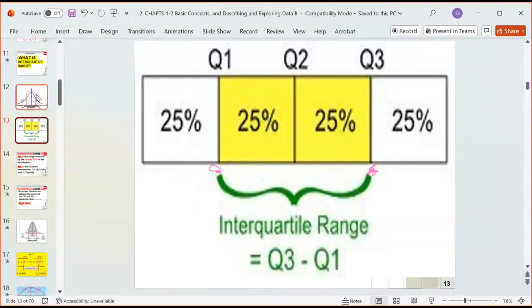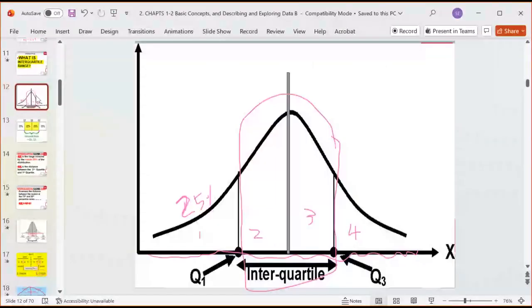In other words, this is your Q3 right there, whatever number you see at the bottom where that black circle is, and Q1. If one of them is 8 and one of them is 3, then 8 minus 3 is the interquartile range.